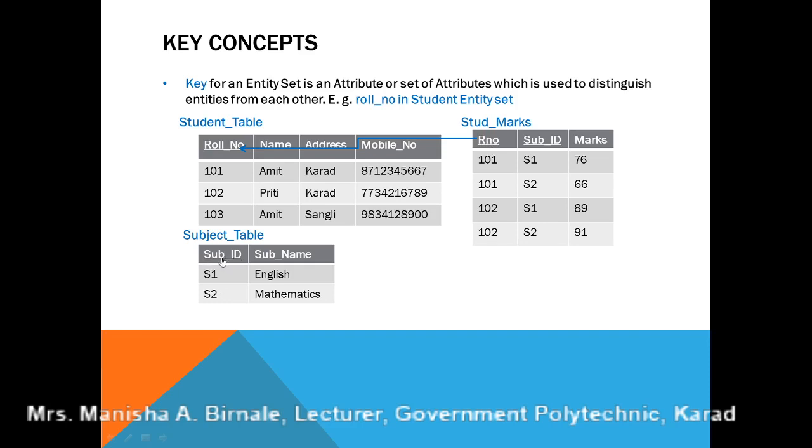Here subject ID is the primary key of the subject table, and in the stud marks table, subject ID is referring to subject ID from the subject table. So subject ID is the primary key in the subject table, and in the stud marks table subject ID is a foreign key.